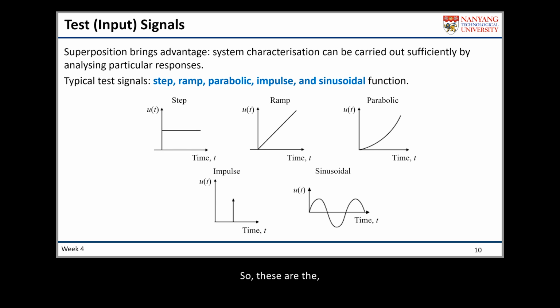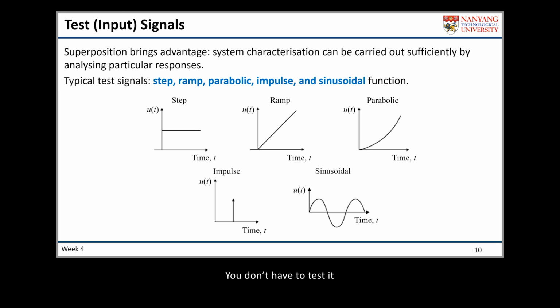These are, let's say, the simple functions that you can use to construct any arbitrary signal. And based on the superposition principle that we just discussed, any arbitrary signal can be decomposed into a combination of these simple signals. So we can conclude that when you are going to assess the performance of a dynamic system, you don't have to test it with a ton of test signals.